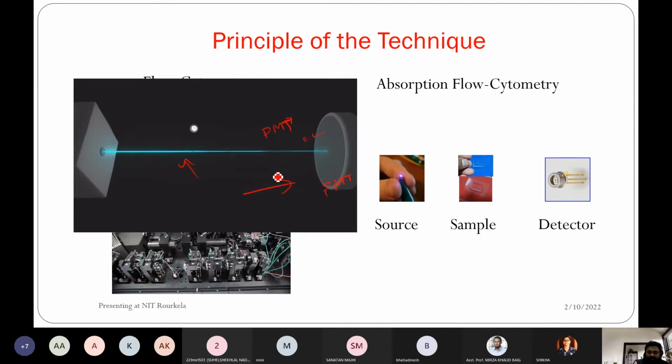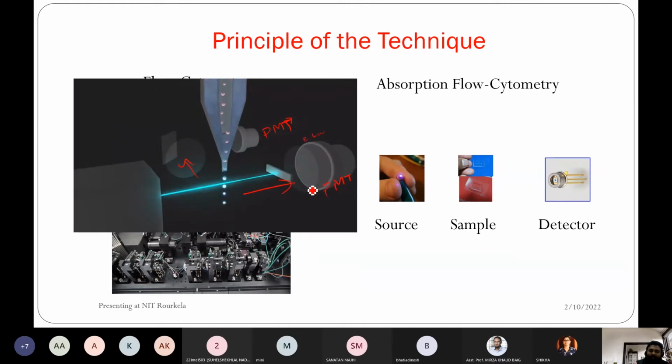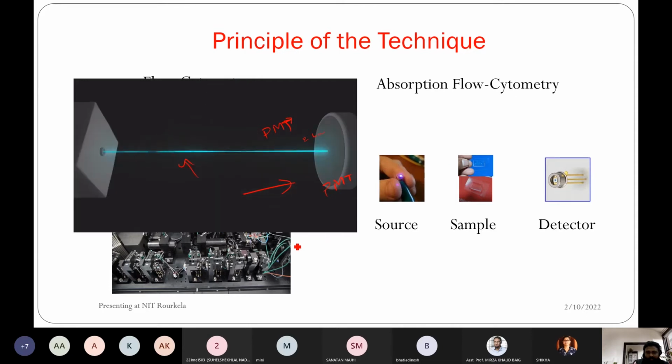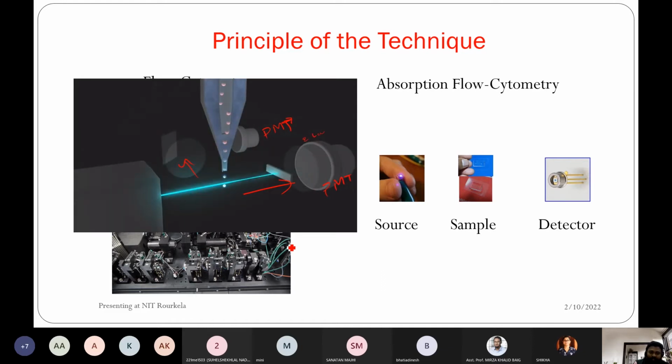And when we have a flow cytometer with multiple PMTs and the laser beam also at high cost, each and every component is very costly, very expensive. So why don't we use a simple technique, that is the absorption property, instead of the scattered information, so that we can modify our design.